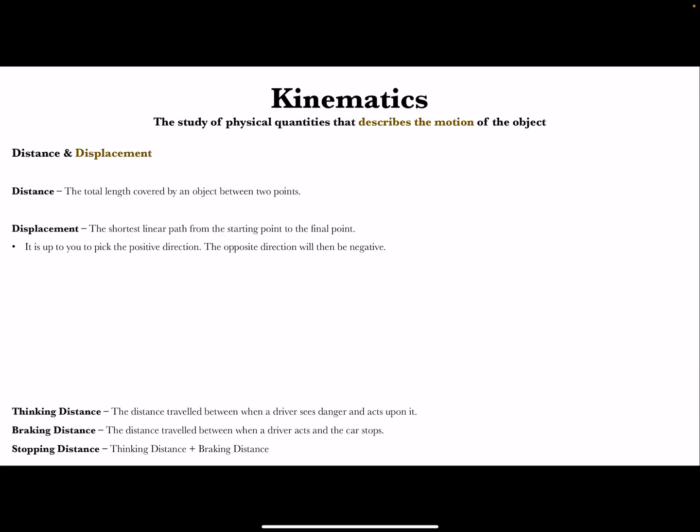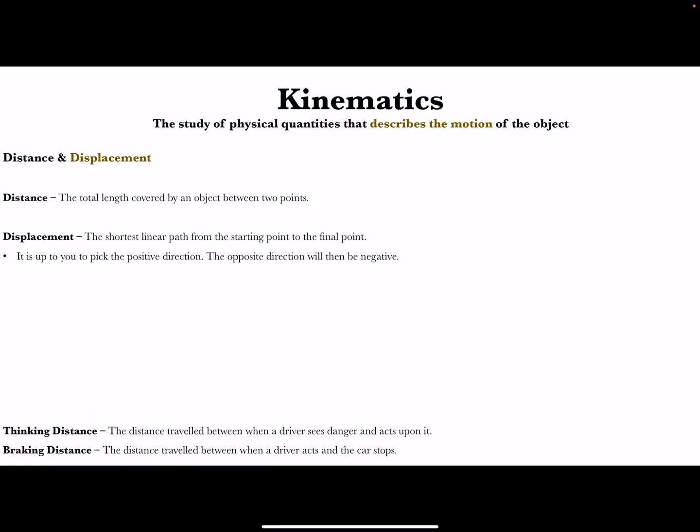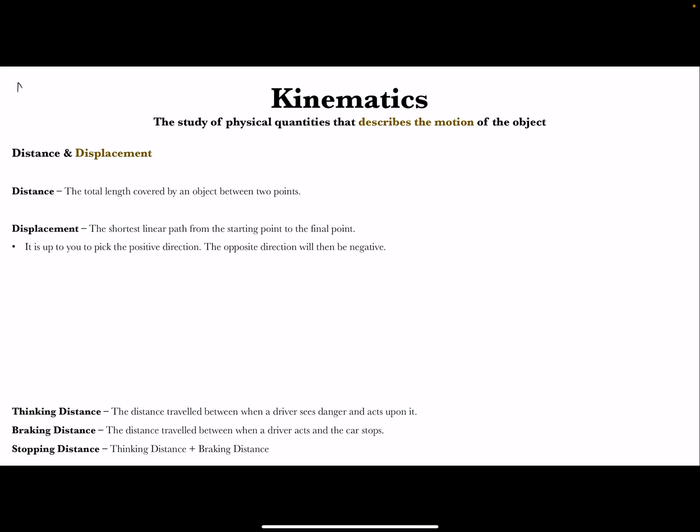All right. So last time we talked about base units, right? There are three fundamental units that we have, and they are mass, which we measure in kilograms, length, which we measure in meters, and time, that we measure in seconds. Now, before talking about the motion, we need to describe two very basic quantities, distance and displacement.